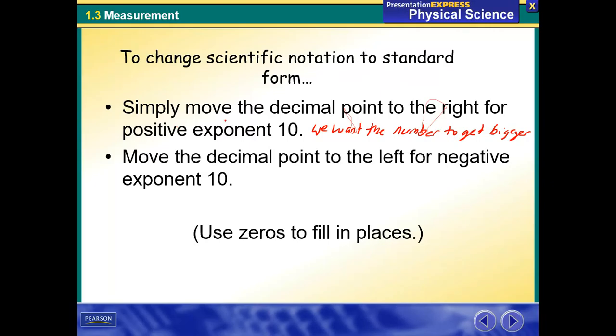Again, positive number, we want it to get bigger. And we're going to move the decimal to the left if we have a negative exponent, because we want it to get smaller, hence negative, smaller. And if we move it and we don't have any numbers there, we're going to use zeros to fill in those places.